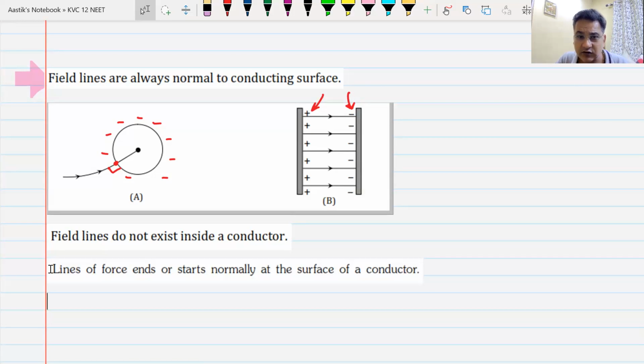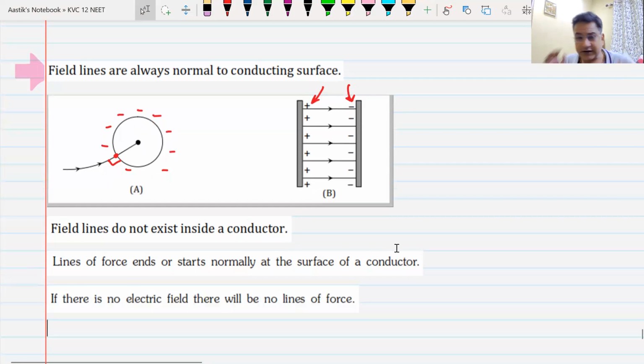Whether it terminates or starts from a conductor, it will always be normal. I'm saying the same thing in different ways. All these points are reflecting the same thing. Have you noted it down, everyone?